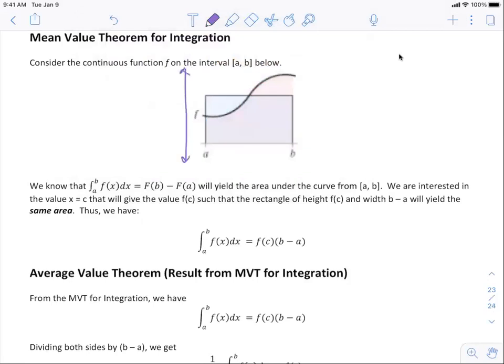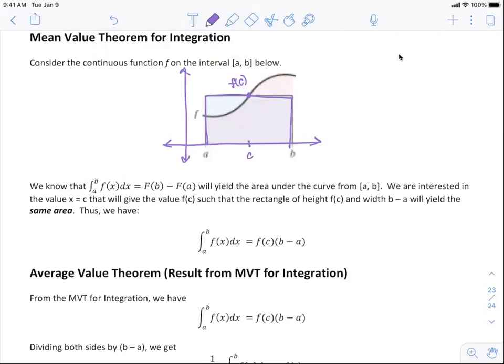So if we're on a graph here, here's my x and y axis, okay? What we're trying to find is some point on the function, we'll call this c, that makes this point f of c, where that height makes a rectangle that has the same area as it does under the curve.